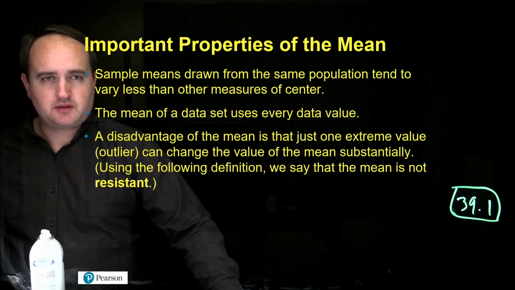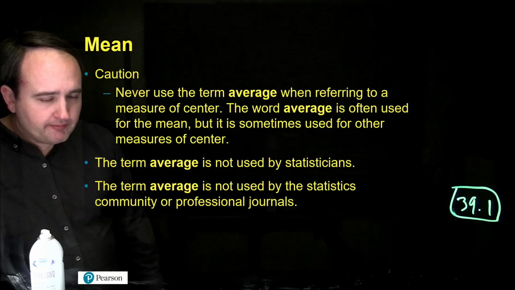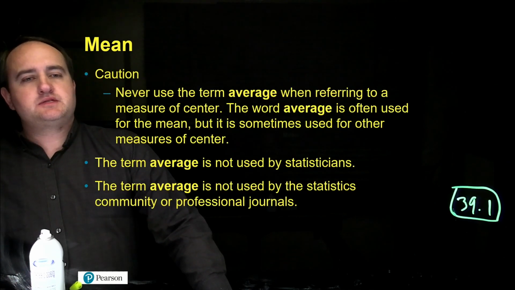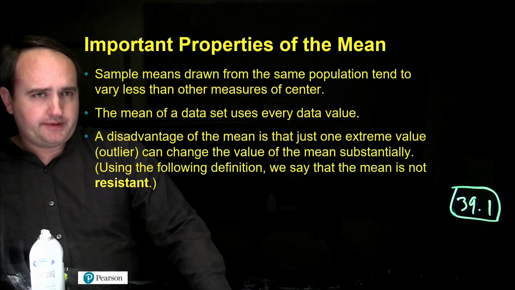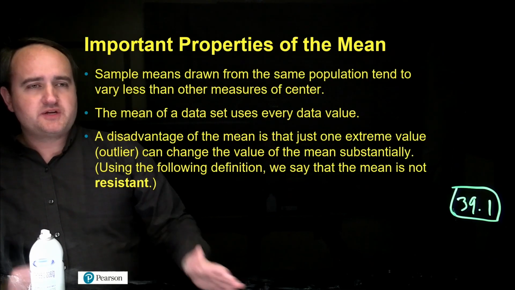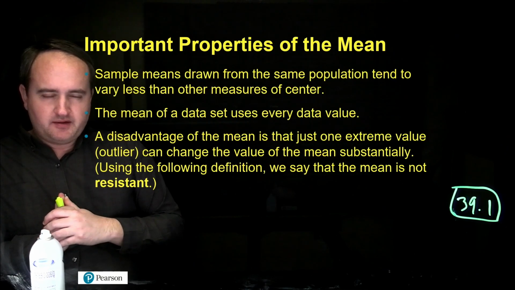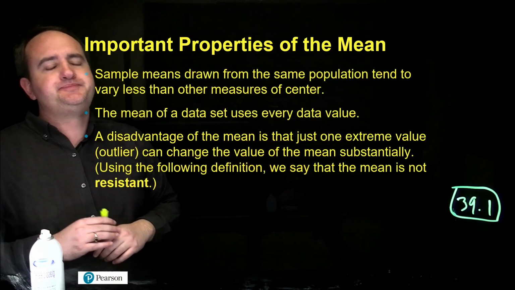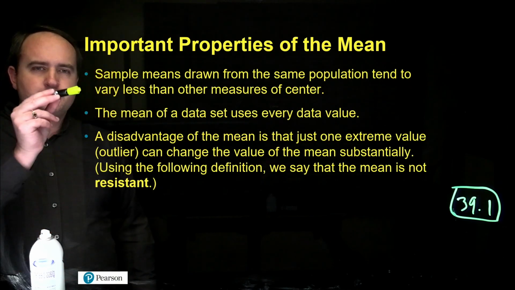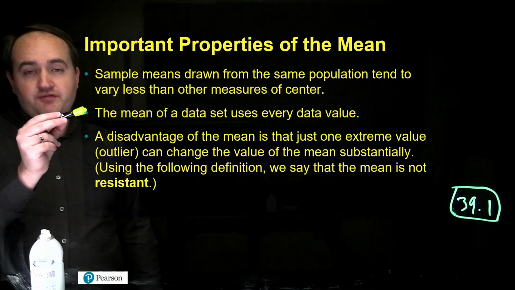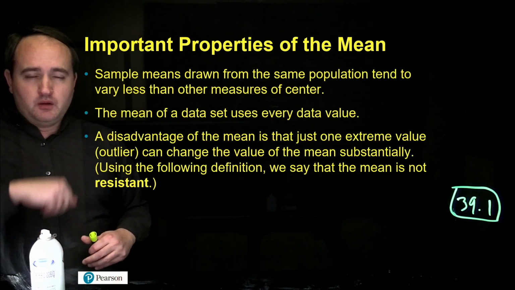Most people think that's a good thing. The reason that's a good thing is we're measuring something that takes into account all the data values. That's important. So really, these first two important facts are positive things to say about the mean.